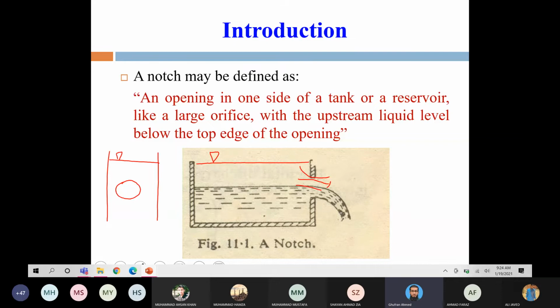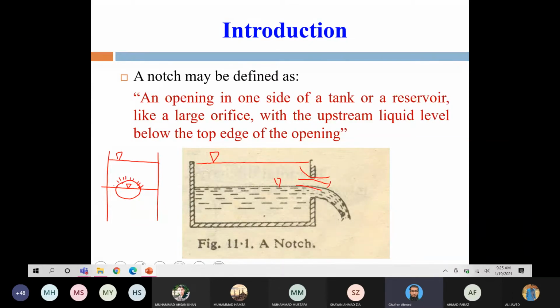If the water level is reduced and comes near the top surface of an orifice, just like here.